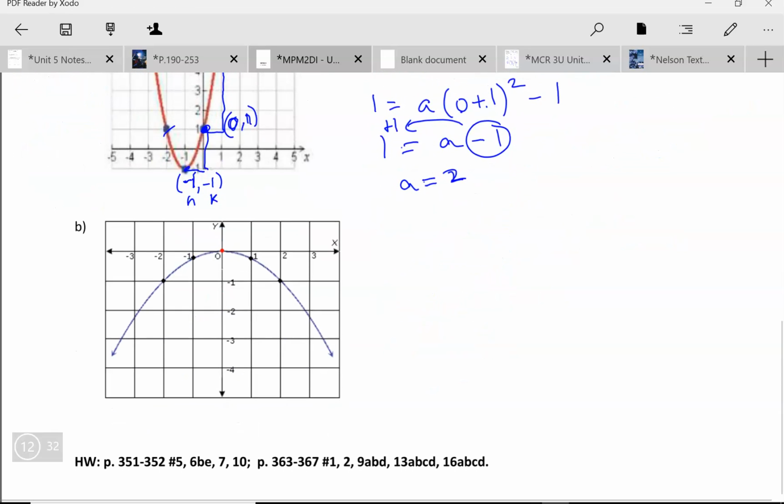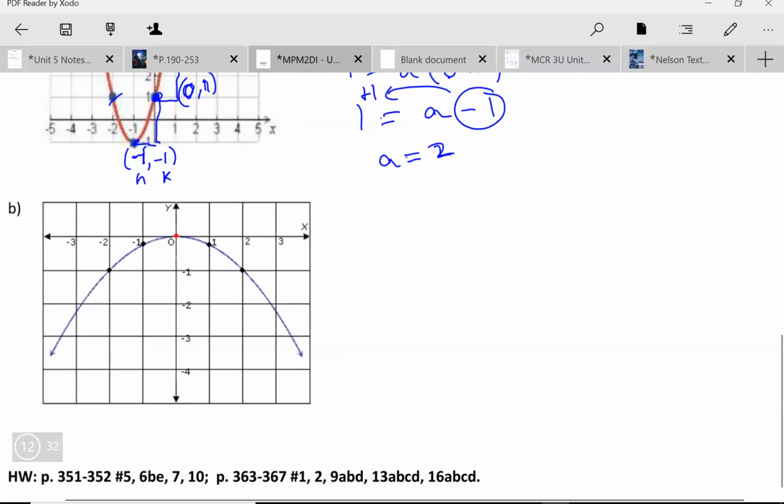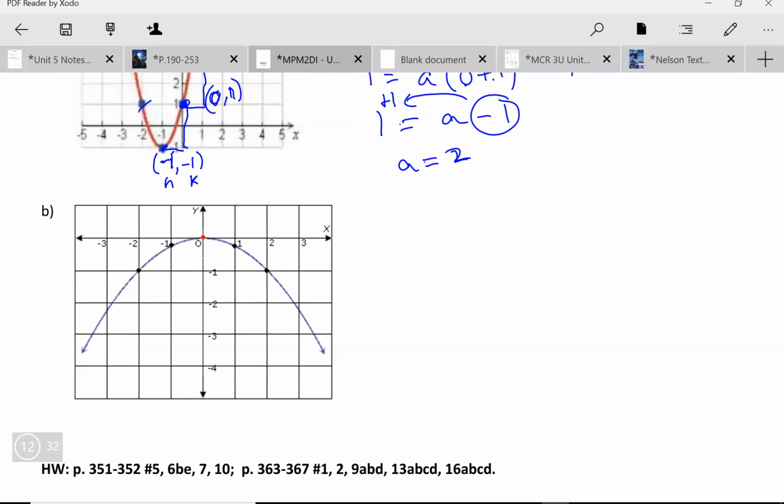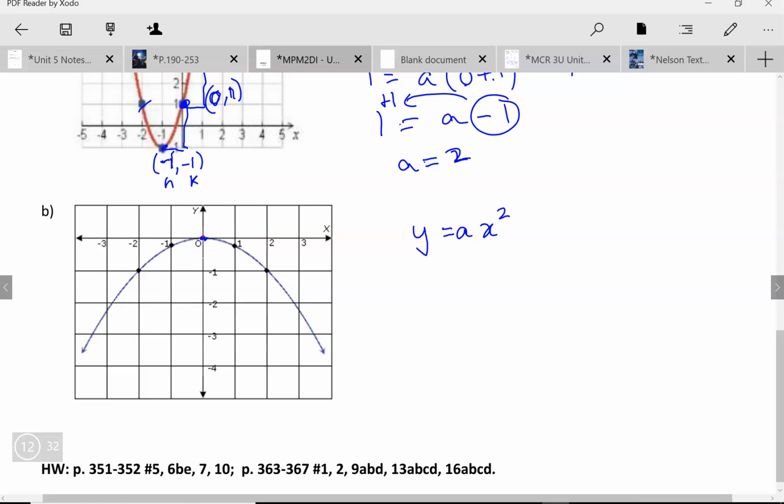Okay, so let's do one more question. Again, this is going to be fairly similar. Our vertex here is 0, 0. So we're going to start with y equals ax squared. That's basically what we're going to start off with.